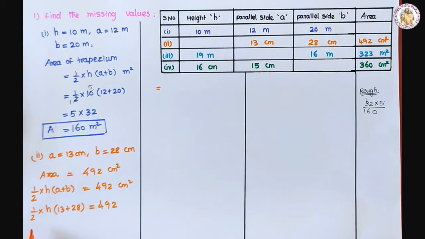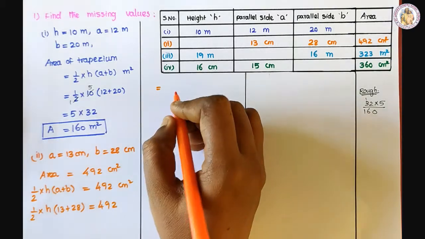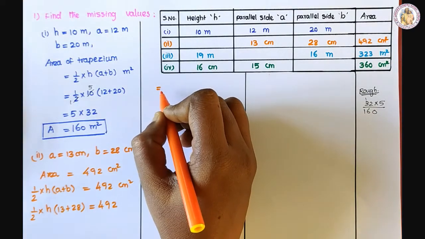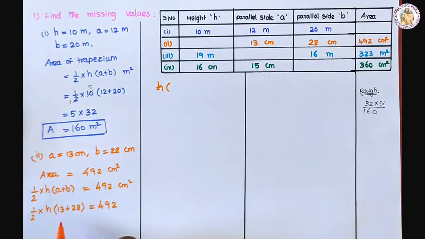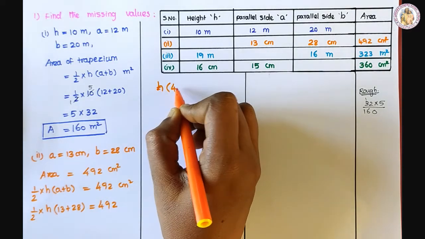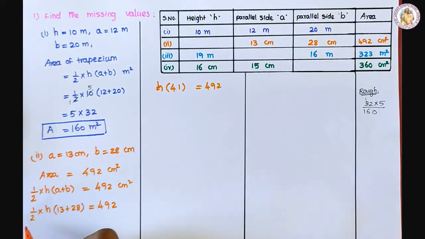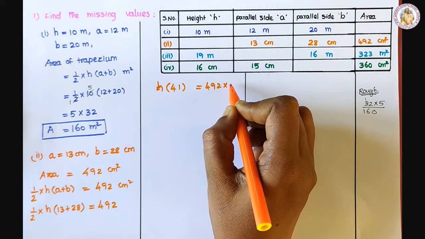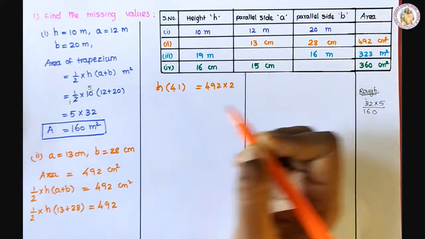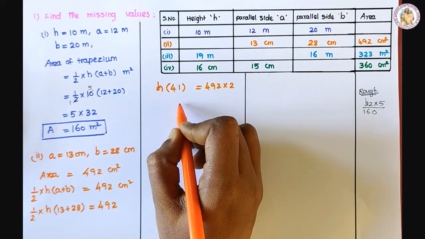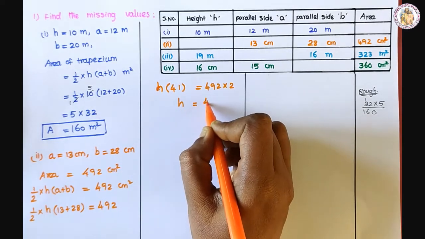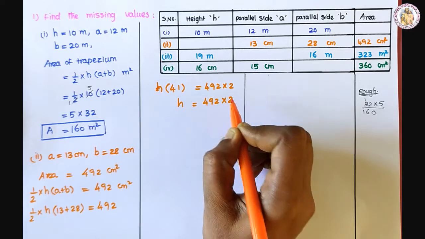Listen, here 2 is in division, so bringing it to this side means multiplication. h into (13 plus 28), 41, equals 492 into 2.